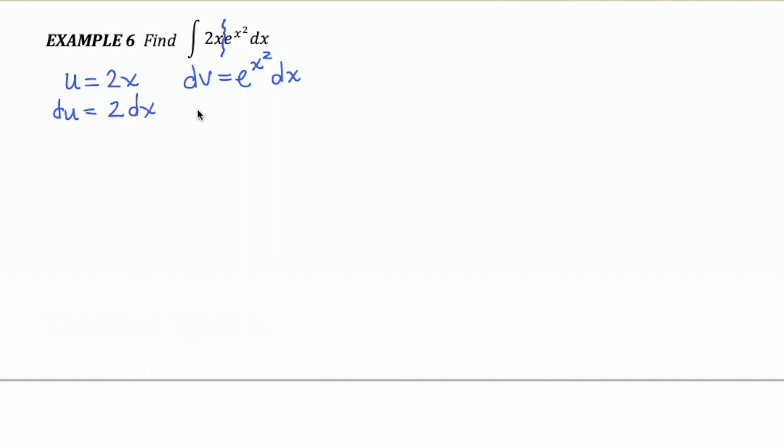And when I integrate dv, I have to take the integral of e to the x squared dx. And be careful here, because it's not as simple as just saying, oh, it's just going to stay e to the x squared. We have a function of x up here instead of just an x, so that becomes a more complicated integral. So it looks like this is one of those times where I'm kind of stalled in my setup, in which case I'm going to consider switching up my u and my dv.